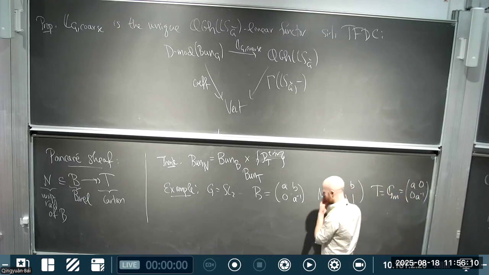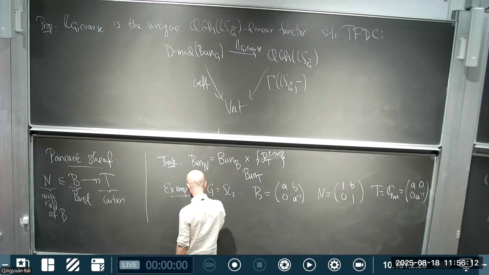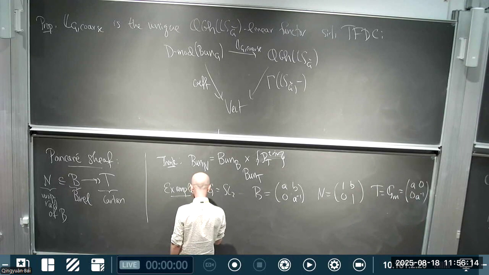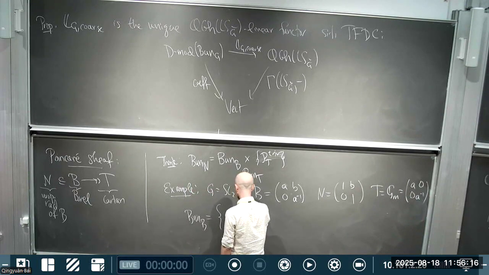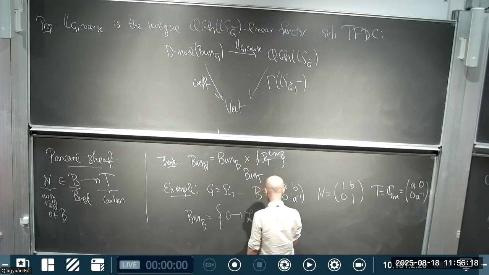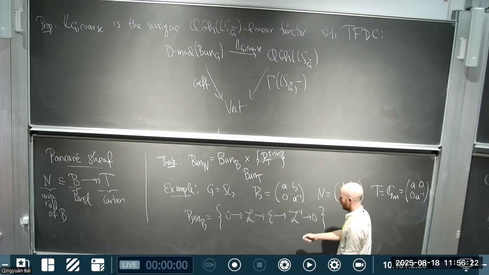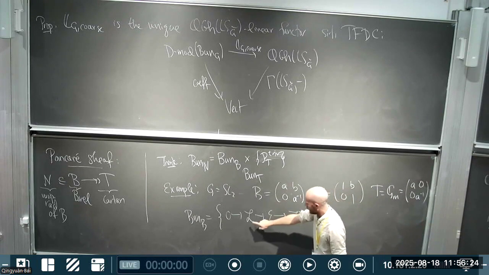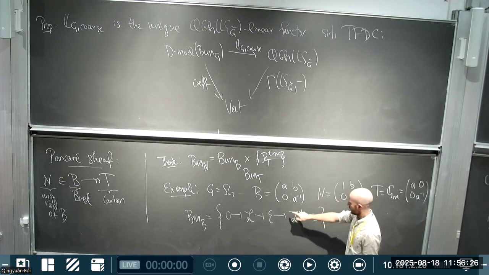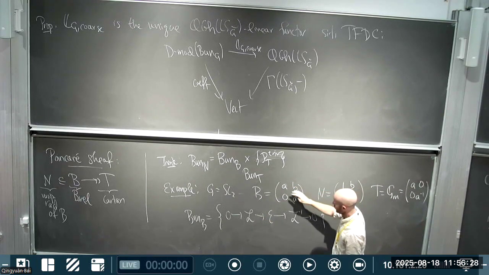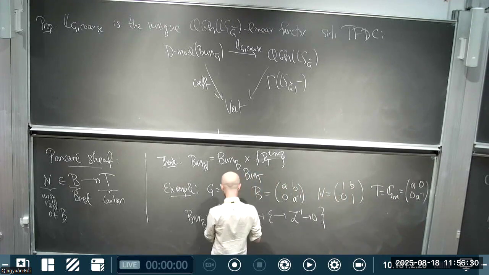Just to give you a feeling of how to think concretely about these things, Bun B is going to be the set of extensions, which is supposed to be like: here's your A inverse, and then there's this extension that this B represents.